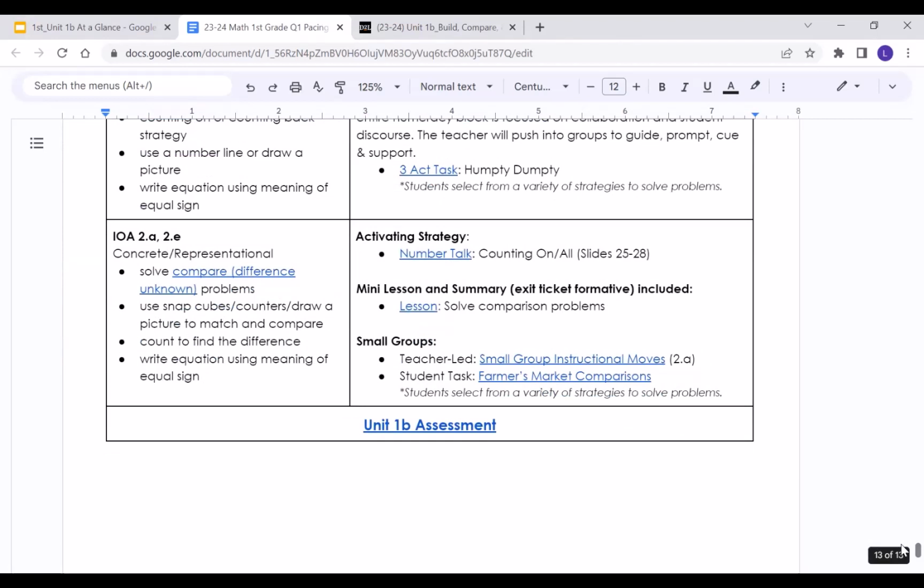We are focusing on building these counting strategies from counting all to more efficient counting on or back strategies while solving addition and subtraction problems within 10.